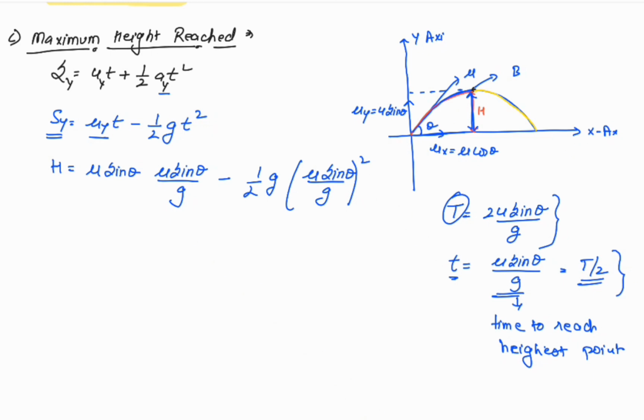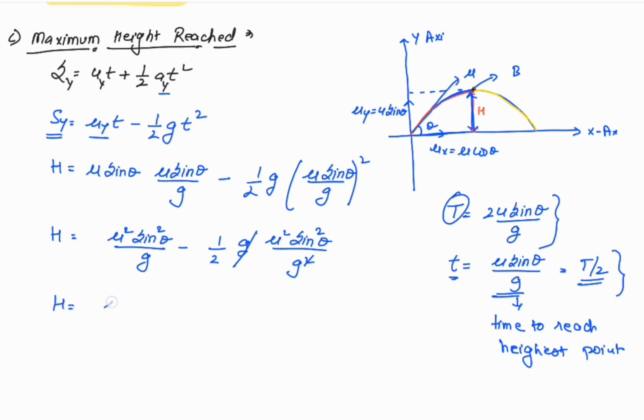Now solve this and you will get the formula for the maximum height of the projectile. H is going to be how much? u square sin square theta divided by g minus half g times u square sin square theta upon g square. g and g square got cancelled.